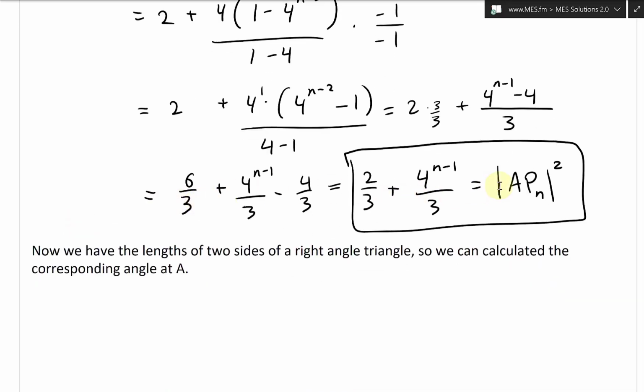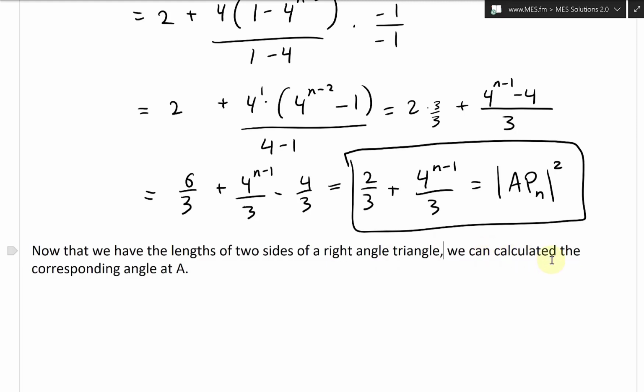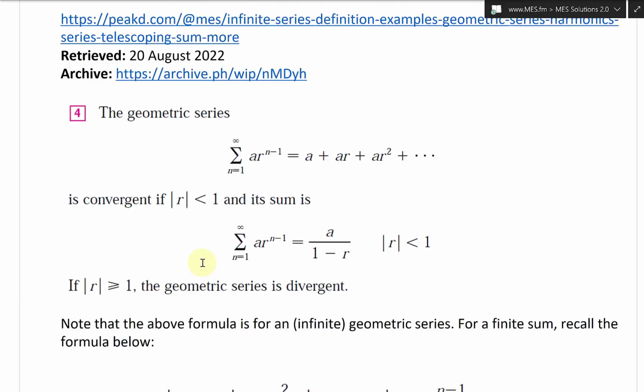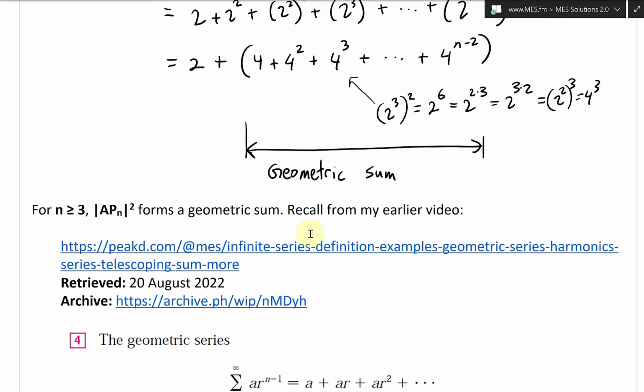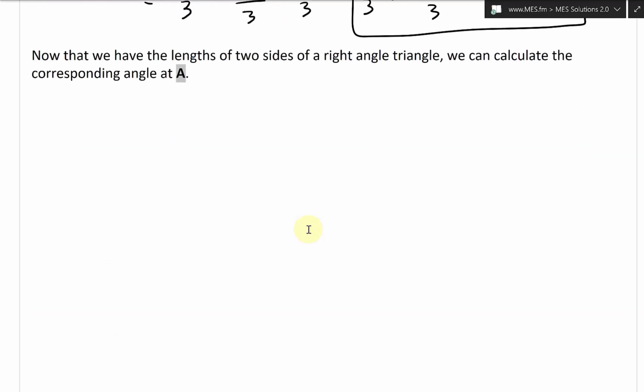All right, so now that we have the lengths of two sides of a right angle triangle, we can calculate the corresponding angle at A. So let's put a bold here. If we go back up here, now we know the length right here. We can solve this just using our tangent. I should have stated that earlier, but it's pretty obvious if you think about it.